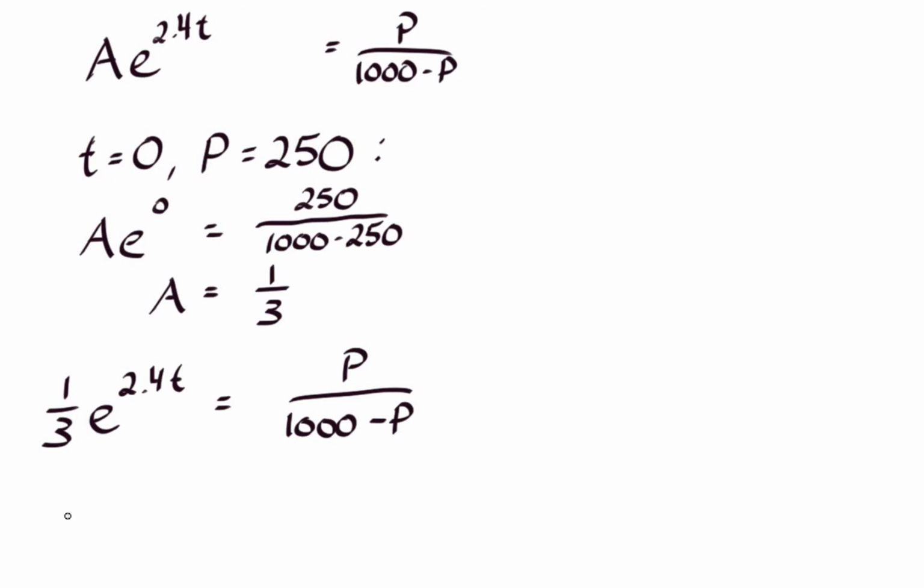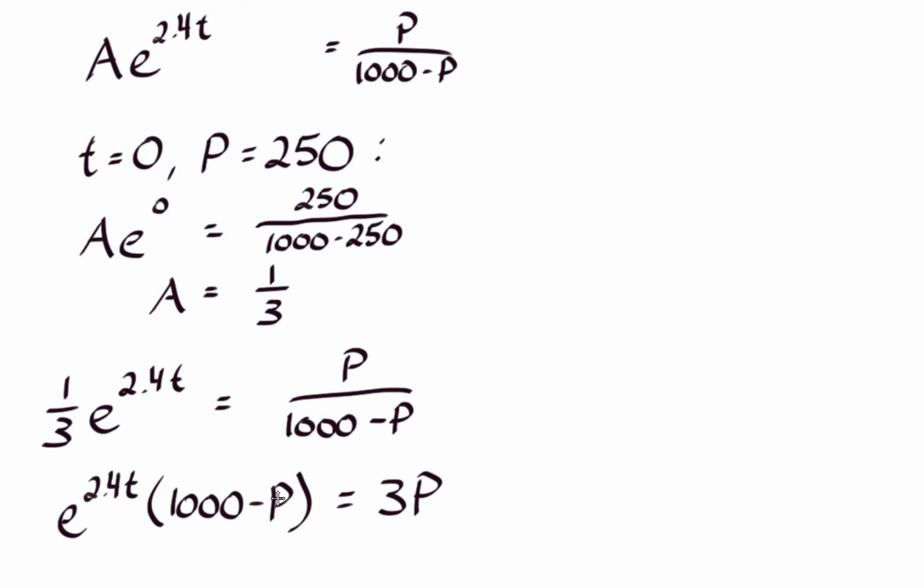So we are going to have e to the power of 2.4t. It'll be multiplied by 1000 minus p, and when we multiply both sides by 3 as well, we'll get 3p on the right hand side. We're trying to gather the p terms together.